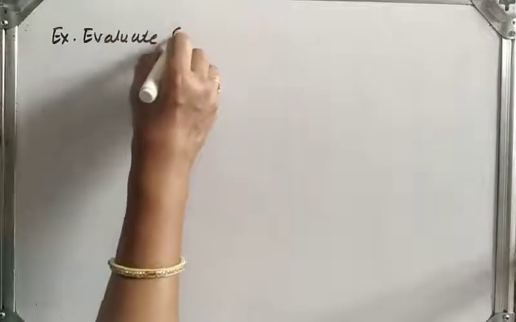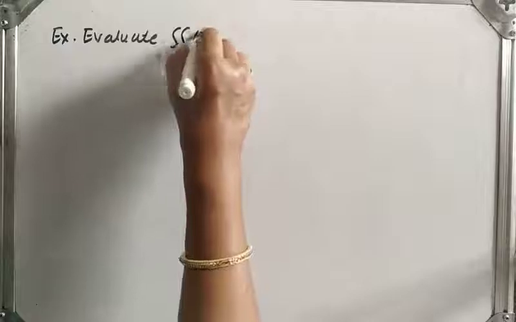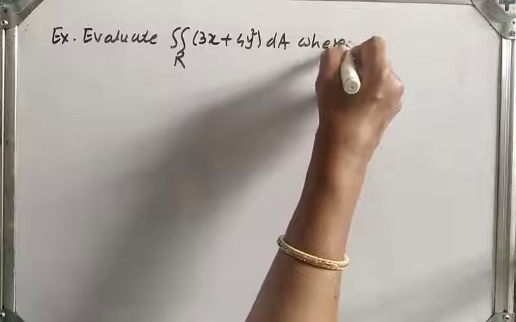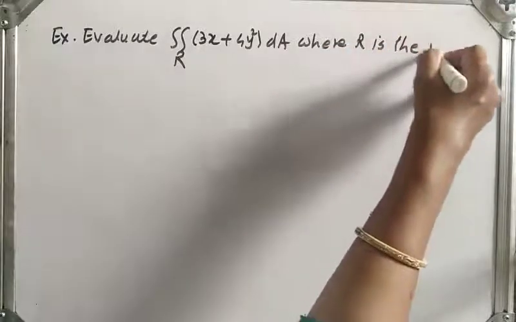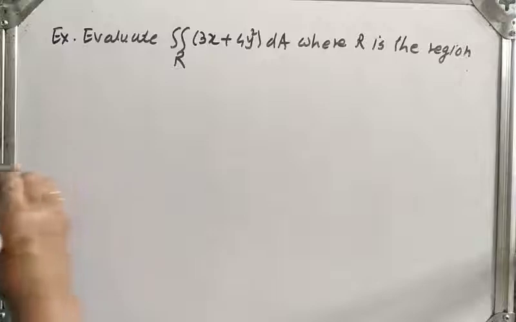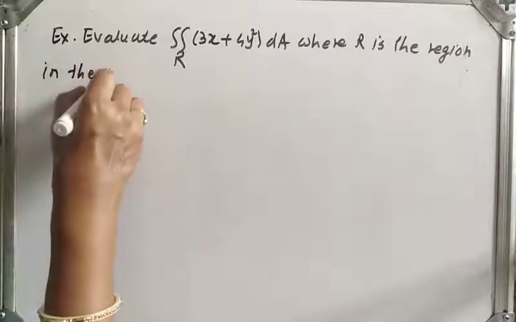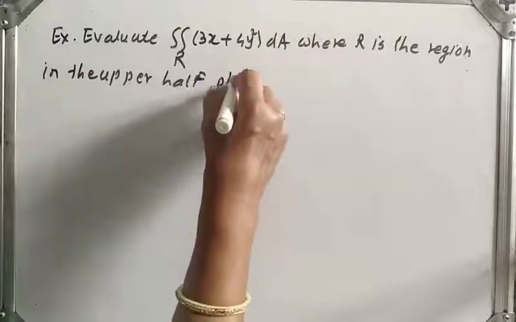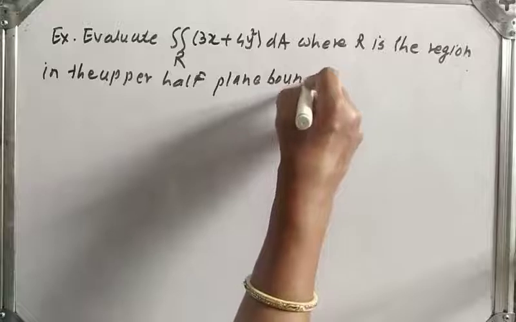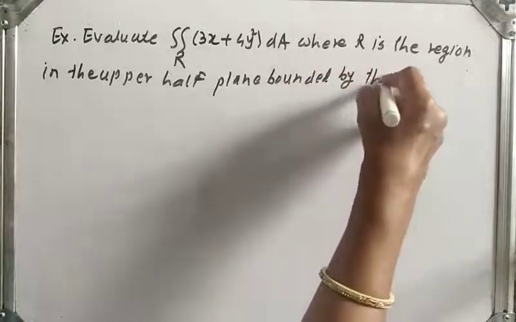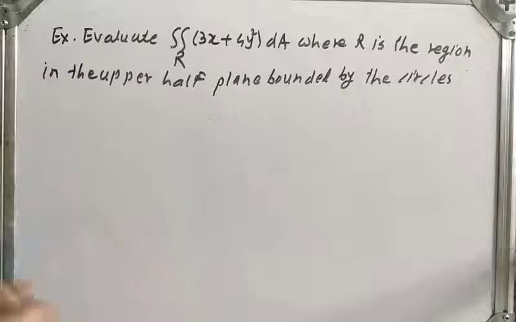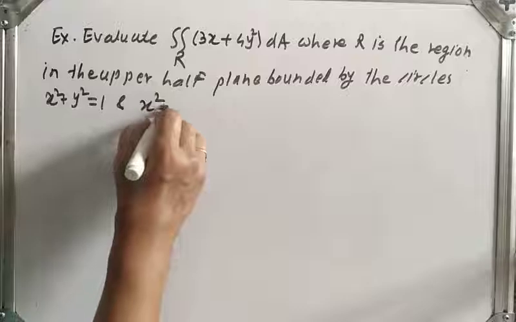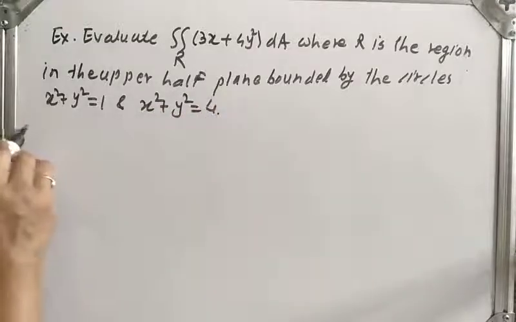Now let us solve an example. Evaluate the double integral over R of (3x plus 4y) square dA, where R is the region in the upper half plane bounded by the circles x square plus y square is equal to 1 and x square plus y square is equal to 4.